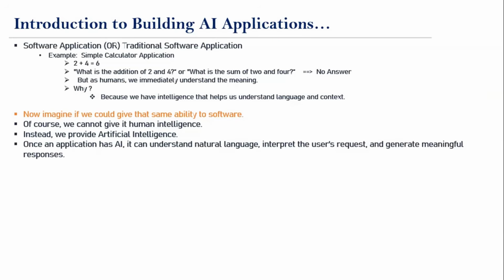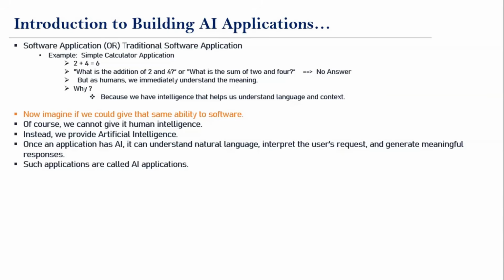Once an application has artificial intelligence, it can understand natural language, interpret the user request, and generate a meaningful response. Such applications are called AI applications.